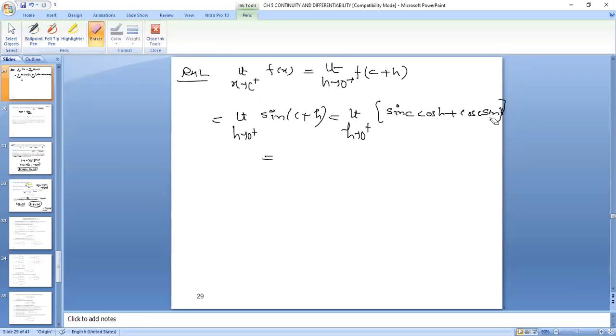Again, we will apply the limit. So it will be sine C cos 0 plus cos C sine 0.